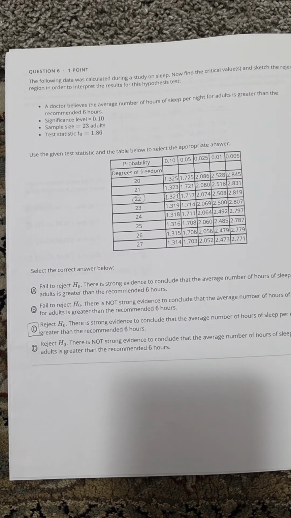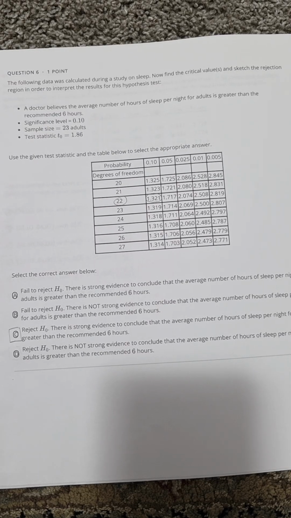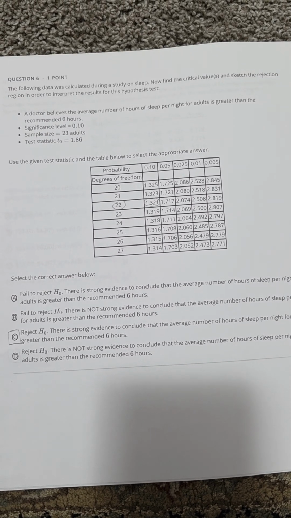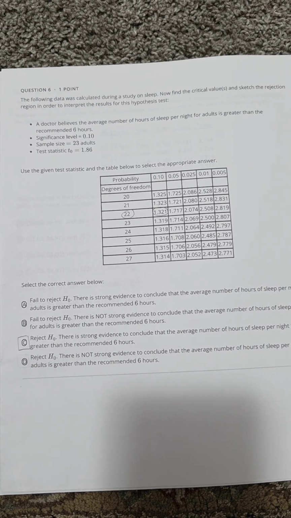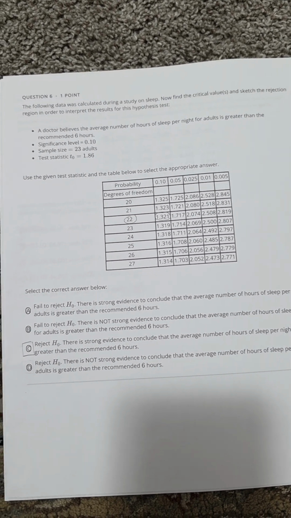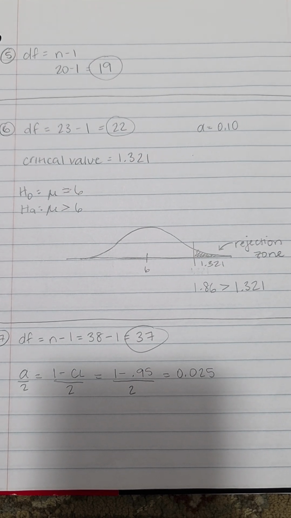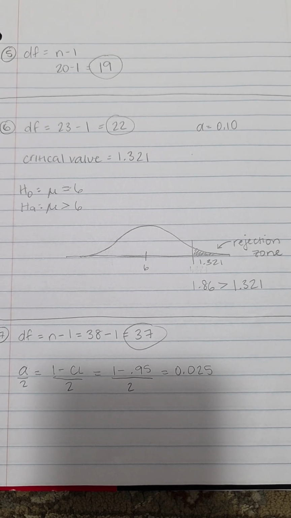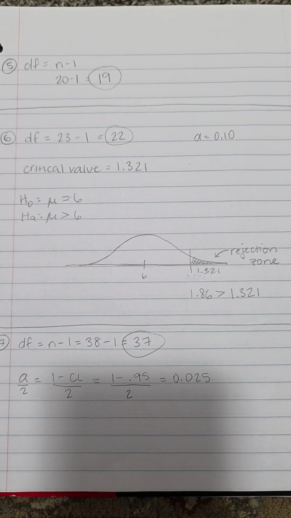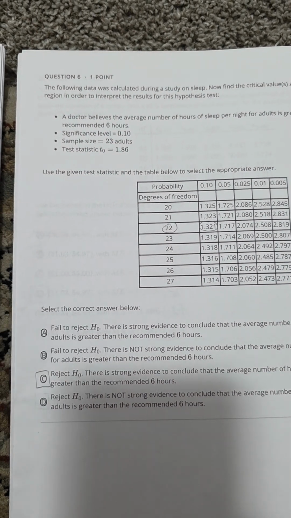For question 6, we need to determine the null hypothesis. And what I did was I began with finding the degrees of freedom, which was 23 minus 1. I got 22. And we were finding at the 0.10 significance level.